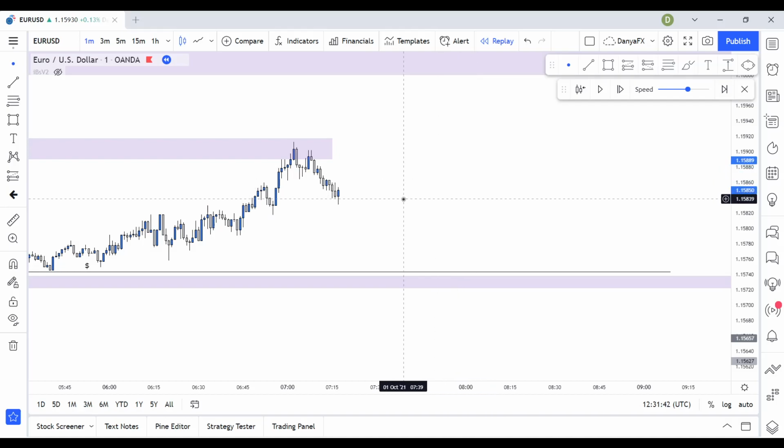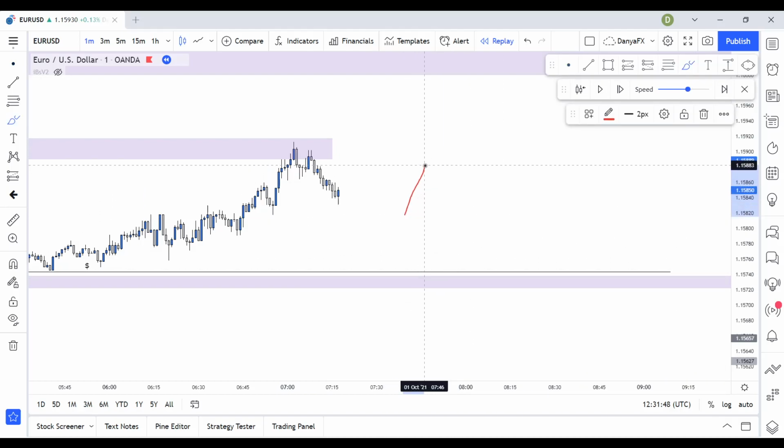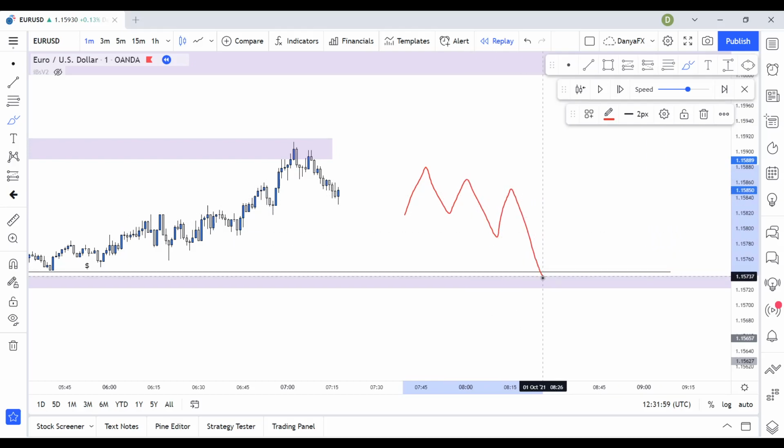So what I want to do now, and what I was looking for, is that it prints a high, mitigates the demand, fails to print another higher high, breaks the demand, and then returns to the origin, to the order block. So as you can see, it didn't really print it, and here is a break of structure.